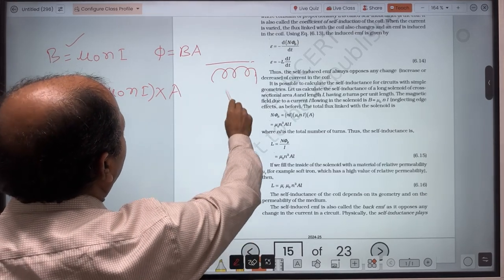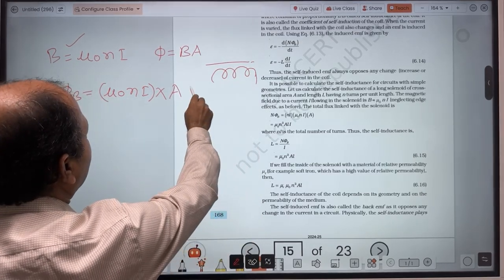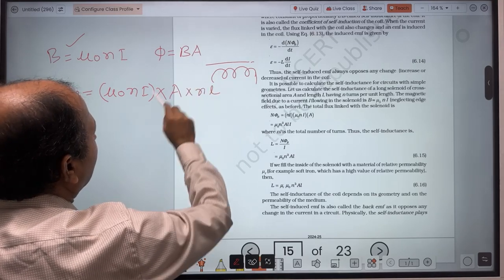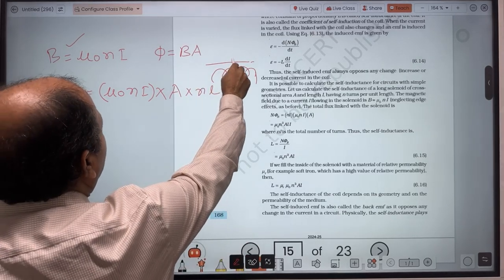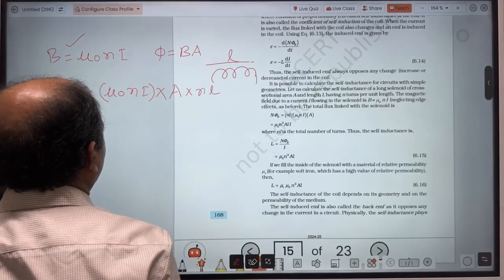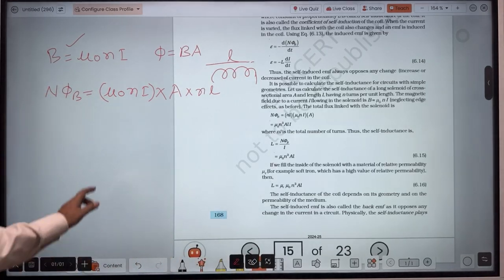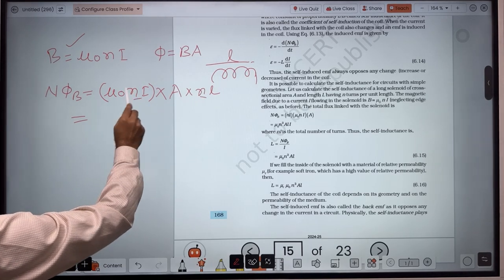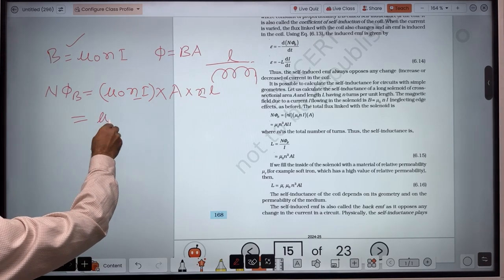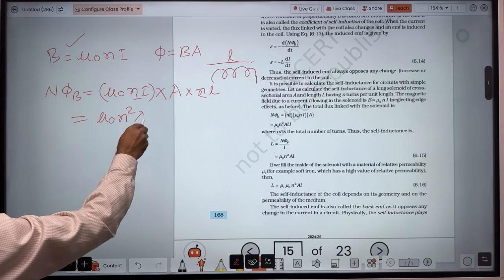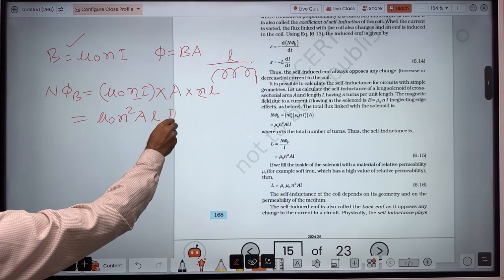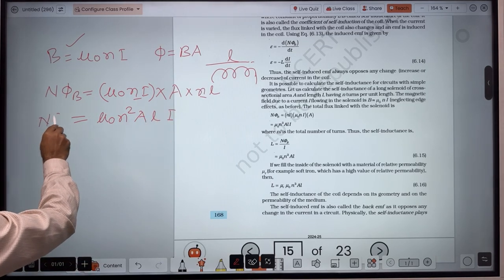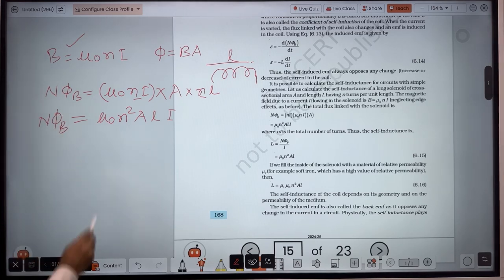In that case the total flux will get multiplied by that number also, so n into l. So we can further simplify. Here n will get squared, so it becomes mu naught n square A l times I. So this is N phi b.